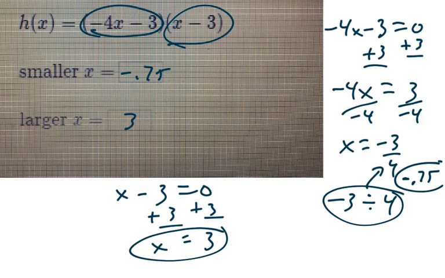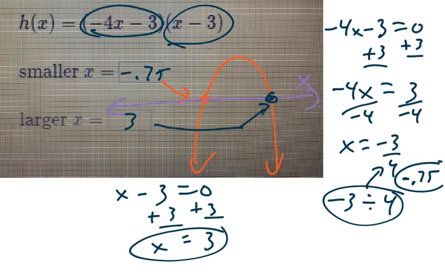Now, the only thing I would want to point out real quick, guys, is see, this is a parabola that does this. And what we figured out is that right over here at negative 0.75 is where it crosses the x-axis. So here's our x-axis. And right over here is a positive 3 value.